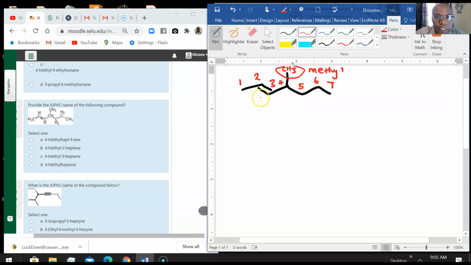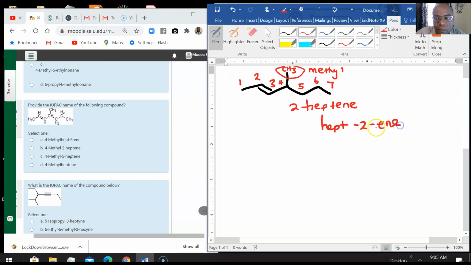Okay, and now we know that we have 7 carbons. The longest chain contains the double bond, so it's 2-heptene. Otherwise, someone else will call it hept-2-ene, which is still okay.